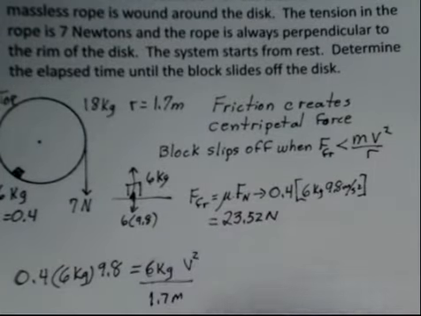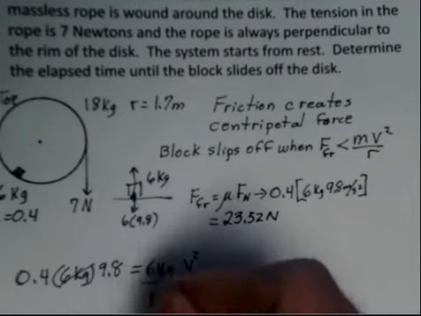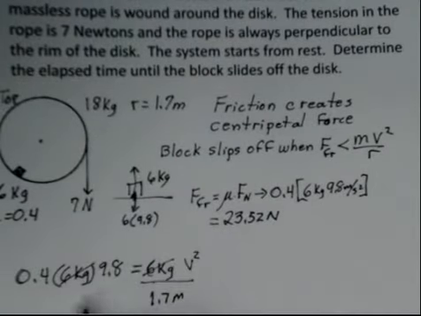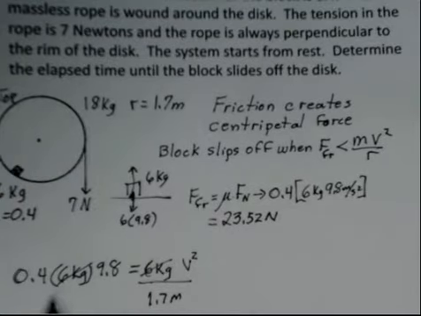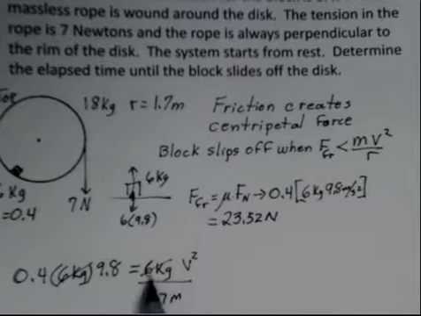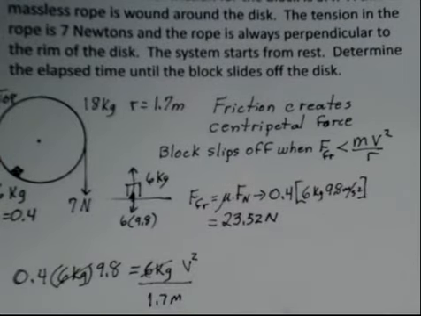Instead of calculating the force of friction this time, I'm going to cancel the 6 off. If you would prefer to put in 23.52 for the force of friction, then of course don't drop the 6 kilogram factor. But it saves a little button pushing if we cancel the 6 and possibly avoids an error.